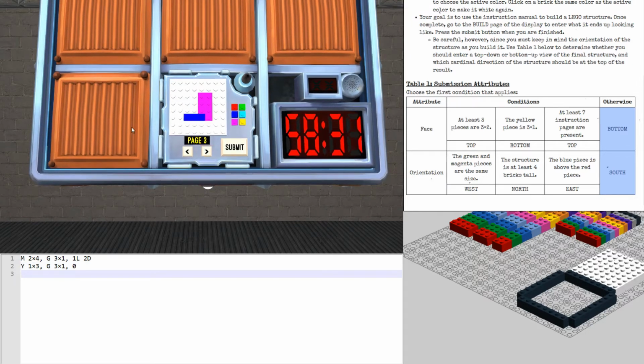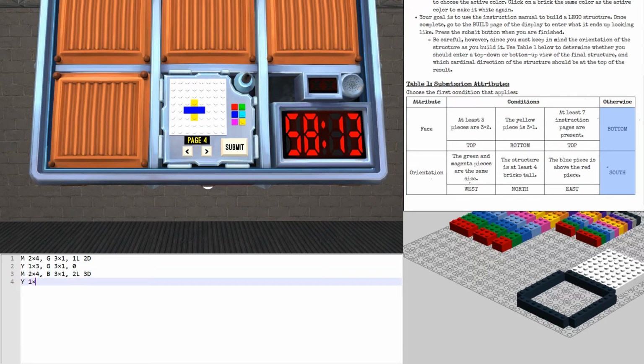Page 3, we have magenta 2 by 4. We have blue 3 by 1. And we have 2 left, 3 down. So going from here, we go 2 left, 1, 2, 3 down to get to the top left corner of the other piece.